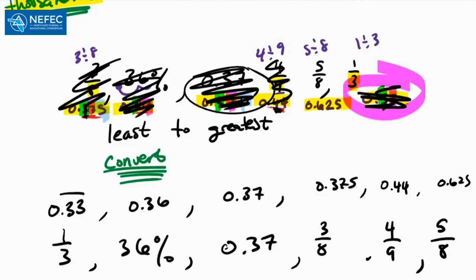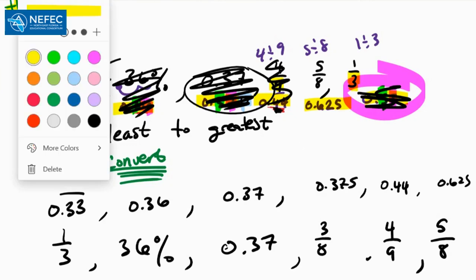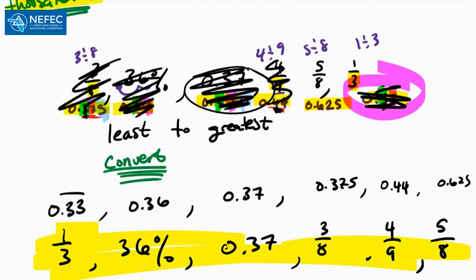And so now we have these numbers listed in order from least to greatest. We could just flip that around, go from greatest to least, and order them that way to get that as well. So again, the two big things here are understanding equivalence of different forms of numbers, and being able to convert, because if we can convert our numbers into being the same form, and by form, we're talking about fractions, decimals, and percents.